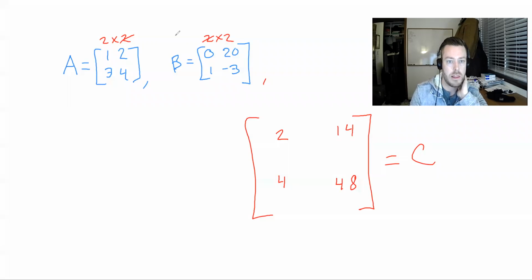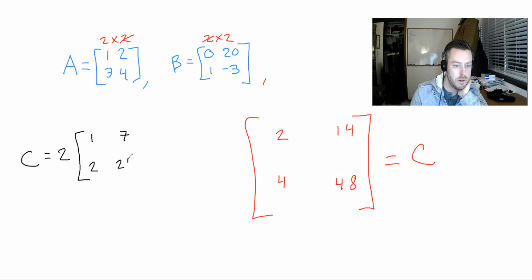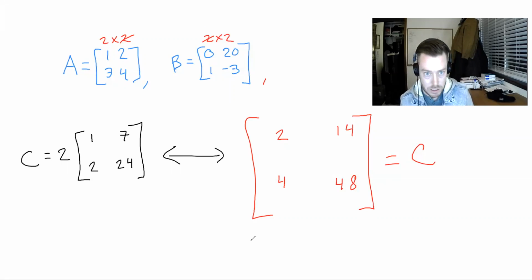So I can rewrite this as, let's say, C is equal to 2 times a matrix with a 1, a 7, a 2, and a 24, right? So you can multiply numbers or scalars into a matrix, but you have to multiply it by every single element in it, right? So these two things are equivalent. So pure, quick, and simple matrix multiplication.